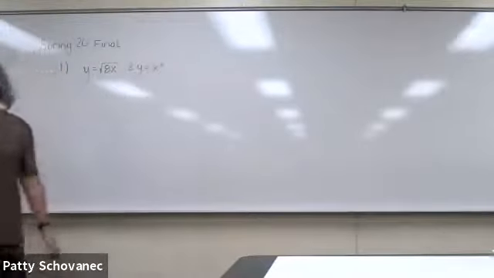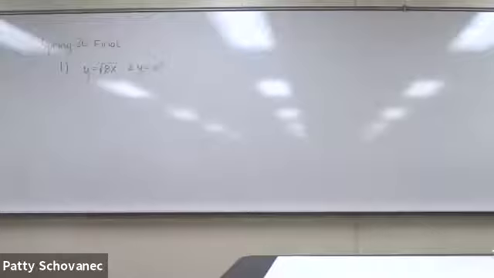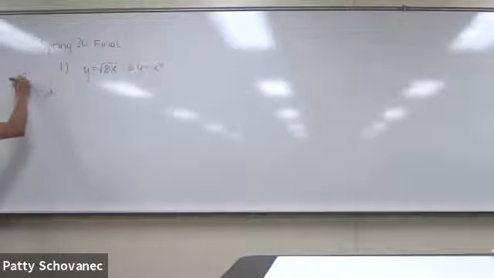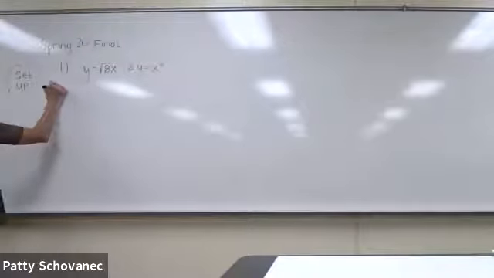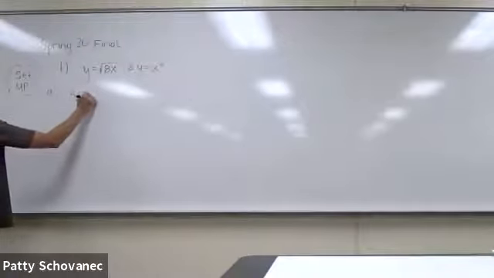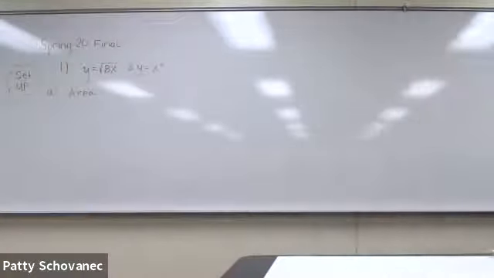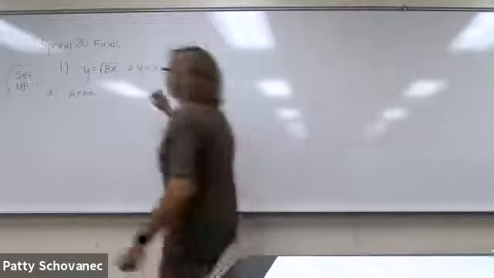These two graphs enclose a region in the xy plane. So while I write the rest of the problem down, why don't you sketch the graph, find where they intersect, and look at this region. And in part A, we're going to set up the intervals. Just set up only. Intervals to find the area of the region. Volume by rotating about the y-axis using shells.